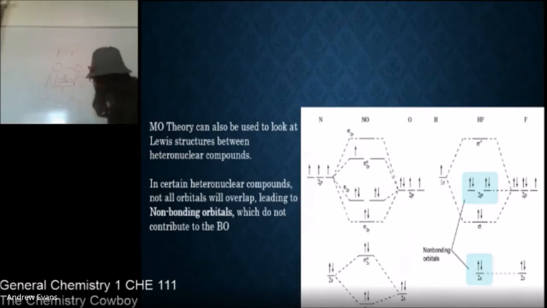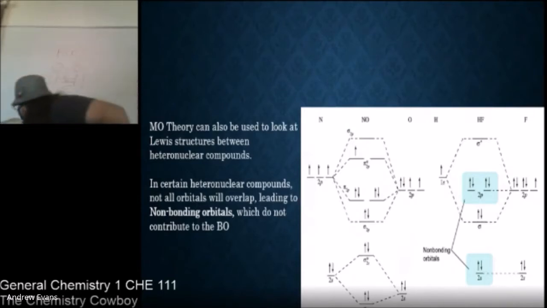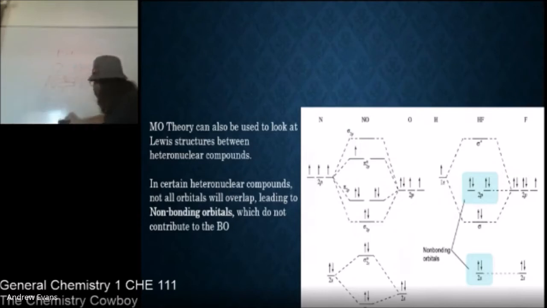HF is a sigma bond between the H and the F and 3 lone pairs on the F. These guys are non-bonding electrons.